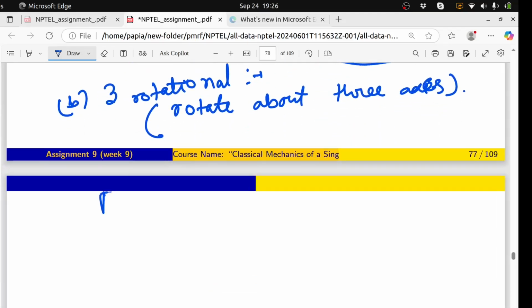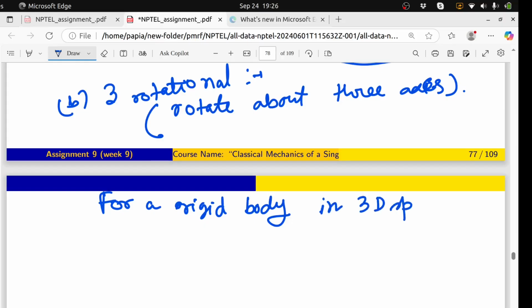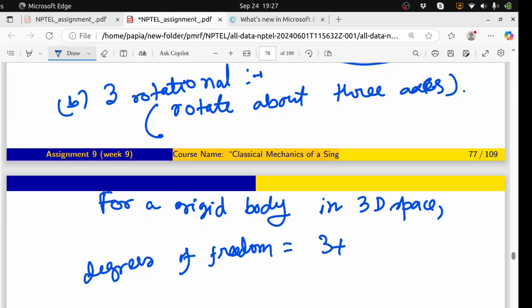So now we can see that for a rigid body in 3D space, the degrees of freedom is always 3 plus 3, which is 6.